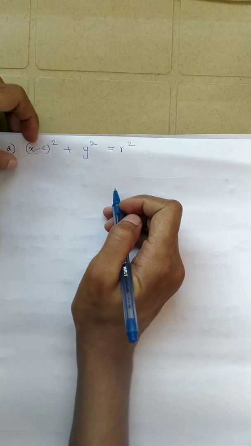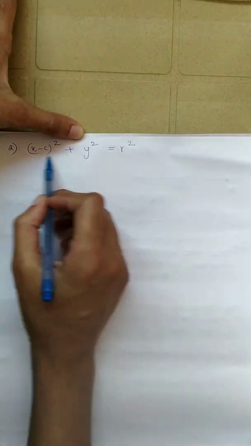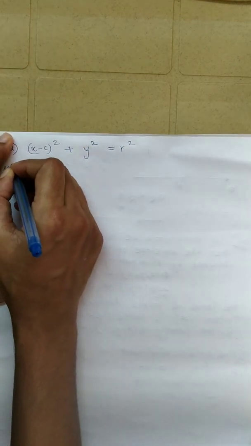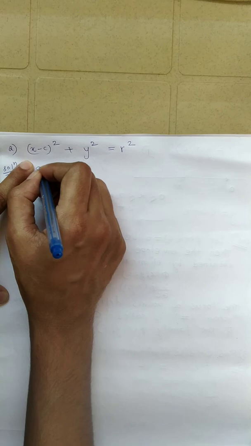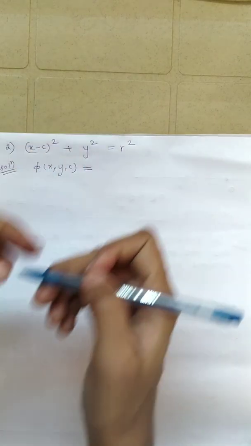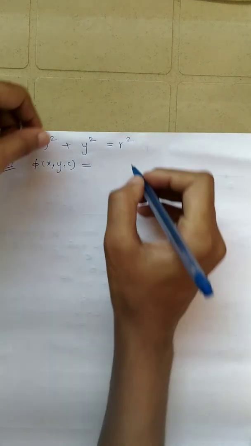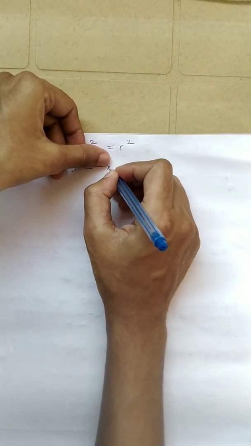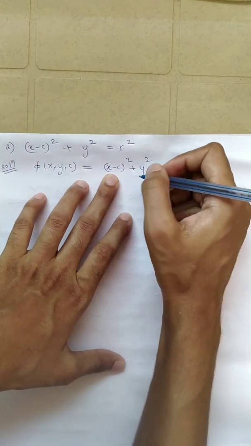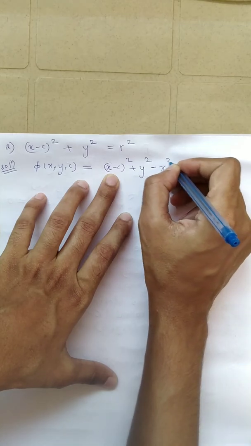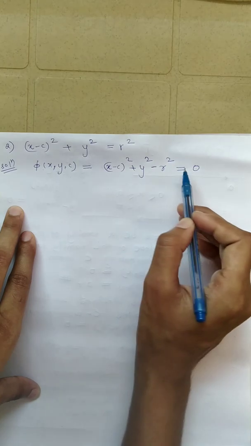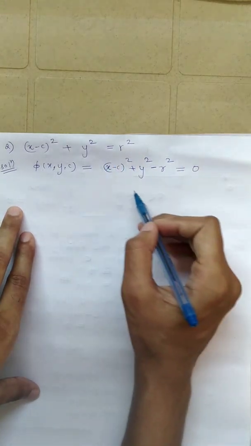Let us look at one more example. This is the family of curves that is given, and therefore phi of x, y, c will be equal to x minus c square plus y square minus r square equal to 0. So phi x y c equal to 0 will be this.